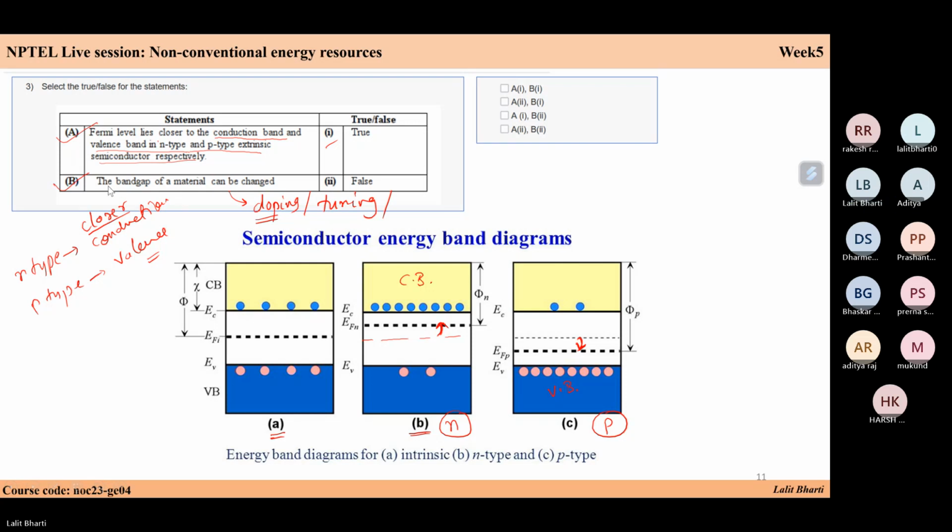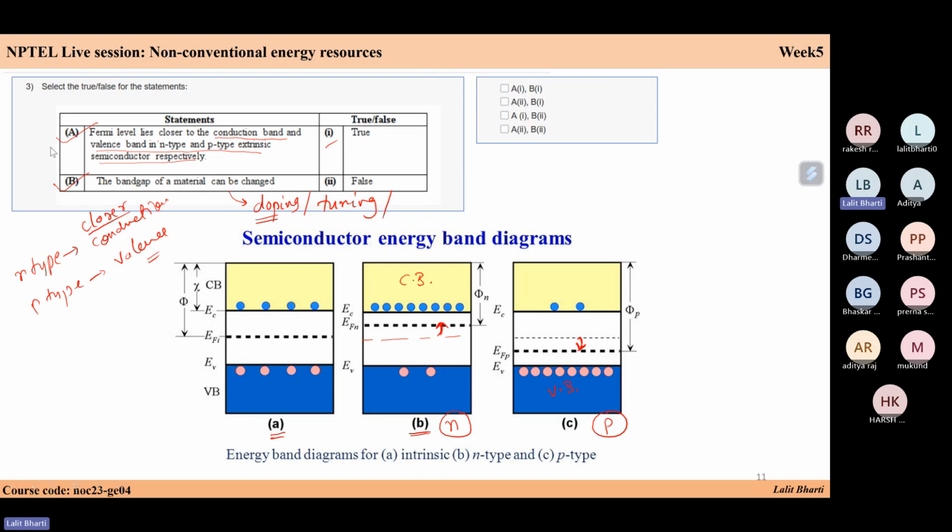The second one is, the band gap of the material can be changed. You need to see whether that is correct or not. It is correct that the band gap can be changed by doping or by tuning of the band gap. There are many ways to change the band gap of the material, so it can be made slightly different from the parent material.